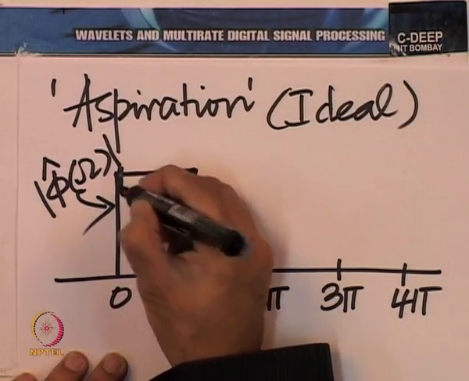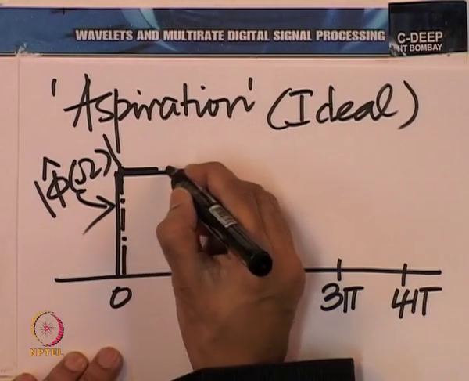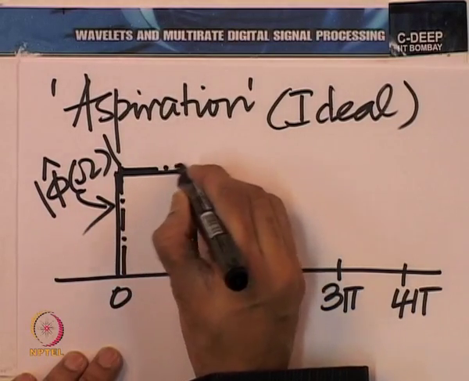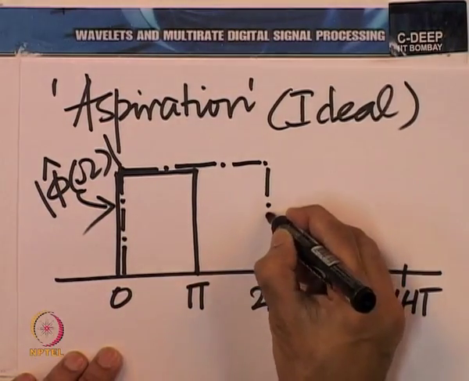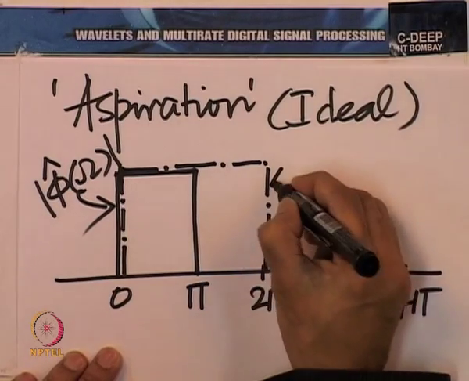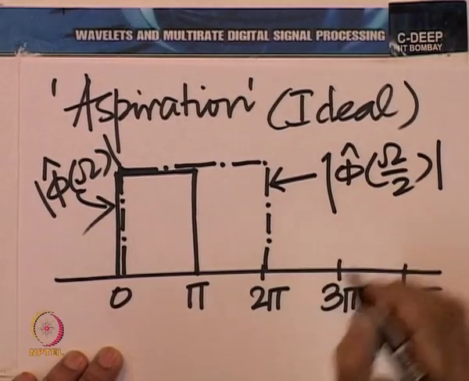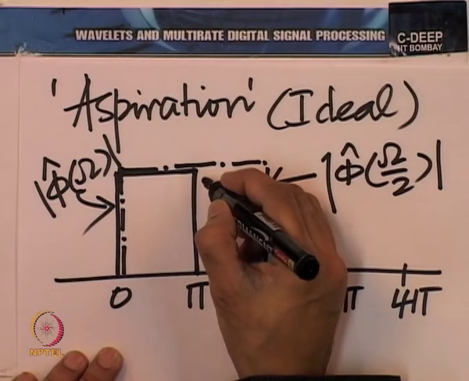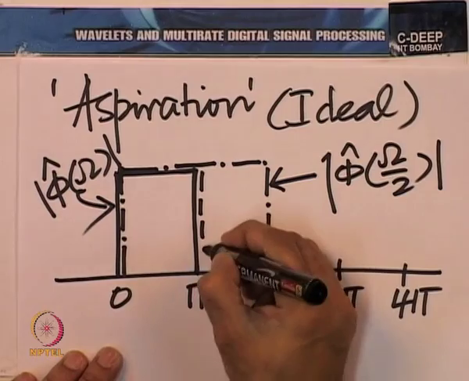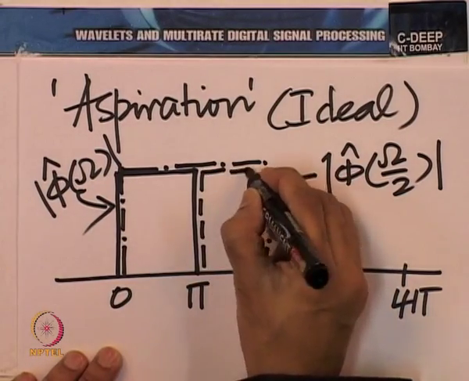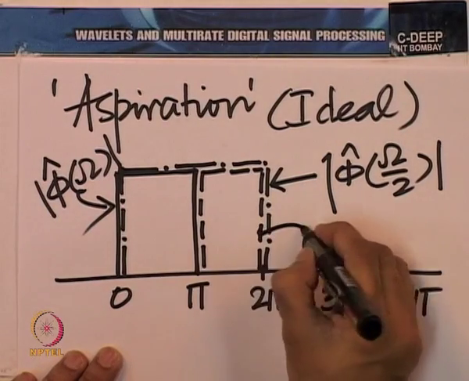I will show the aspiration for the corresponding phi of omega by 2, and then I will use a kind of dashed line here to show the aspiration for psi.